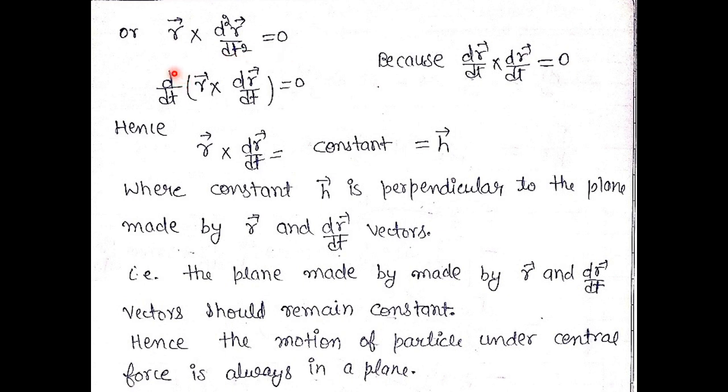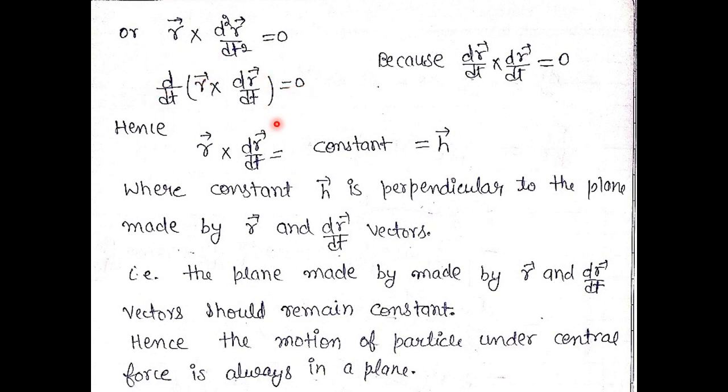We can write this equation in the form d upon dt of r cross dr upon dt equals 0, because if we open this term we get dr upon dt cross dr upon dt plus r cross d2r upon dt2. As we know, dr upon dt cross dr upon dt means v cross v, which equals 0, so we can write this term in this form.